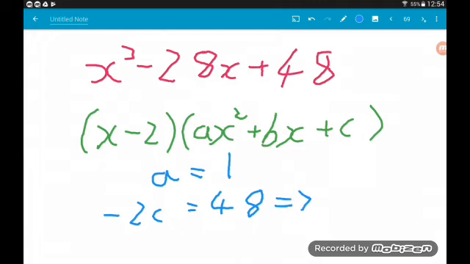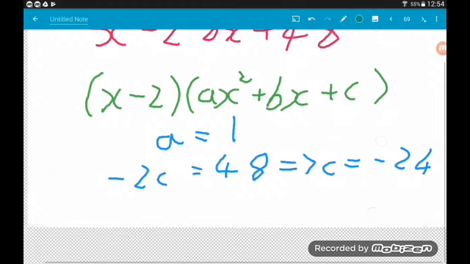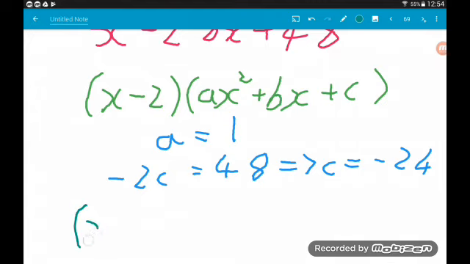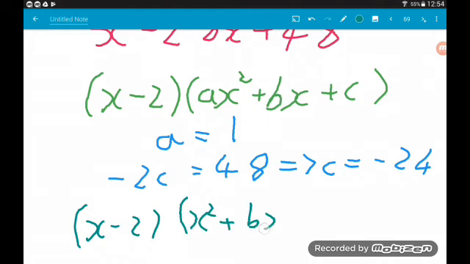Therefore, if we divide by minus 2, c is minus 24. So let's rewrite including those values. So we've now got (x minus 2) times (x squared plus bx minus 24), like that.